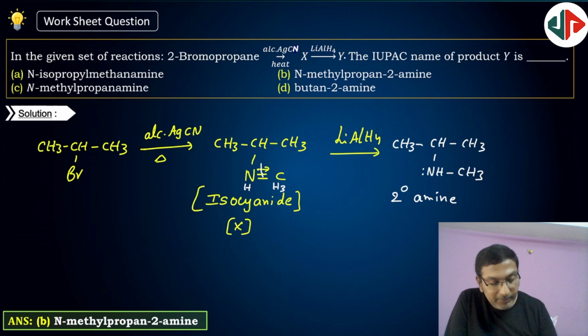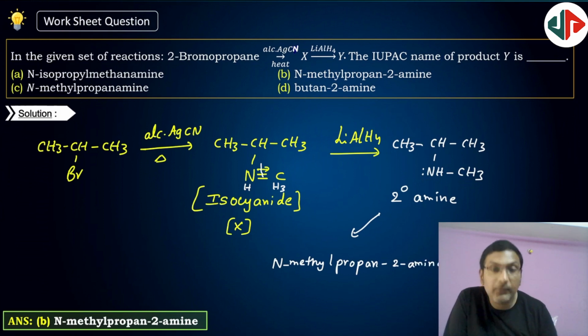Next, the IUPAC name of this compound: on nitrogen a methyl group is present, therefore N-methyl propane 2-amine, which is very important.